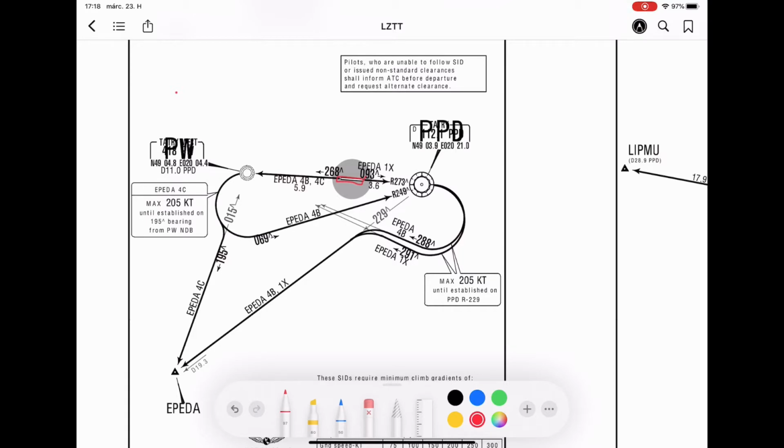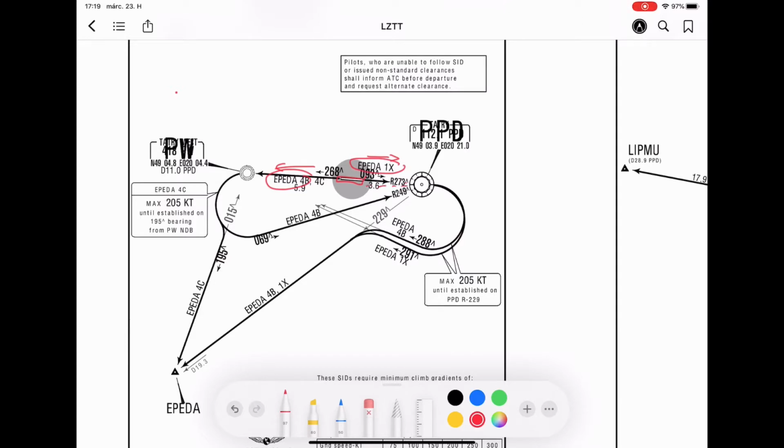One is departing from one of the runways, so 27, and the other is departing from runway 09, and you have different sorts of departures, and these have different names. So for example, this one is called ATPL 4 Bravo, and this one is called ATPL 1 X-ray. Right, and it has different departure routings.